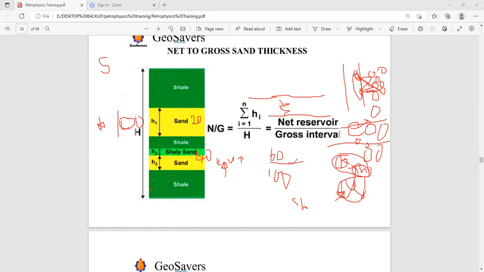I end up now with a net to gross of 0.6. That means in that particular area, what actually represents my reservoir is 0.6, or 60% of that interval. It's not the entire depth that represents my reservoir. So that is what we call net to gross.